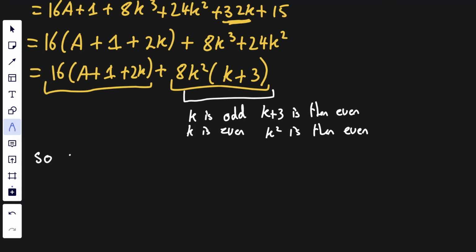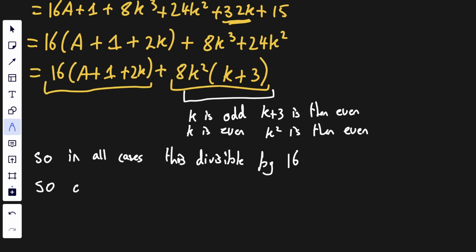So, in all cases, this is divisible by 16. Because it's already divisible by 8, we just need to show it's divisible by 2, but if k is odd, it's divisible by 2. If k is even, it's divisible by 2. So we're done.